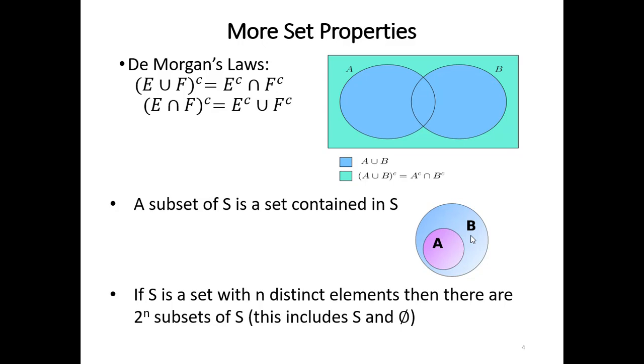If S is a set with n distinct elements, then there are 2 to the n subsets of S. But notice this 2 to the n includes the set S itself and the empty set. So n distinct elements, and there's 2 to the n subsets of S.